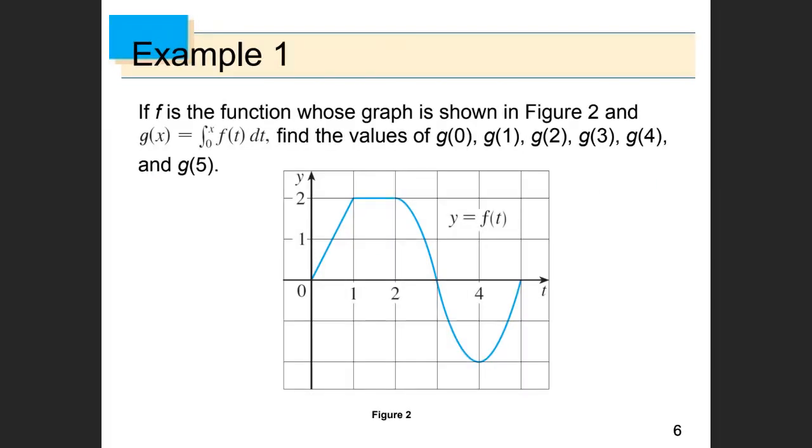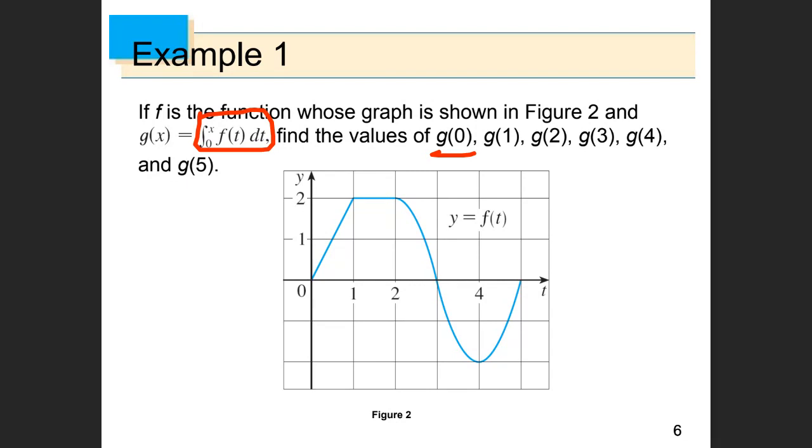Let's do example 1. They say if f is a function whose graph is shown in figure 2, and then they give us g of x, which is equal to the integral from 0 to x of f of t dt. They say find the values of, let's start with g of 0. G of 0 means I'll be integrating from 0 to 0.